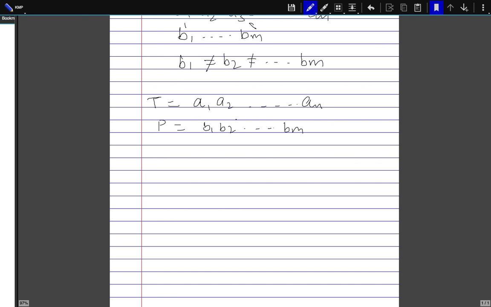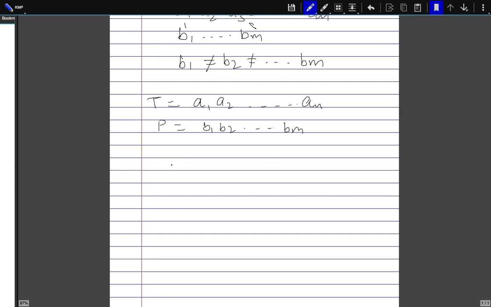What we have to find here is whether there is a pattern that exists within A1 to AN that equals B1 to BM.